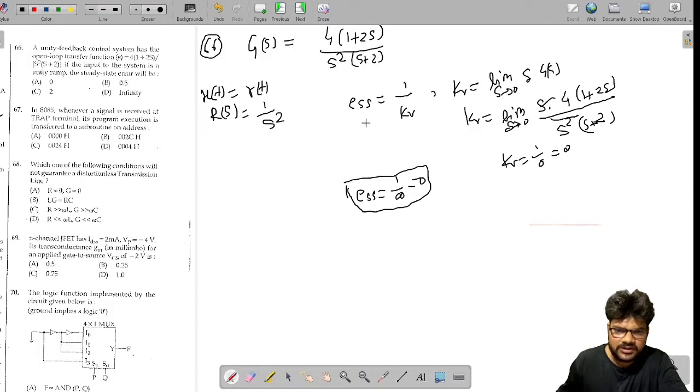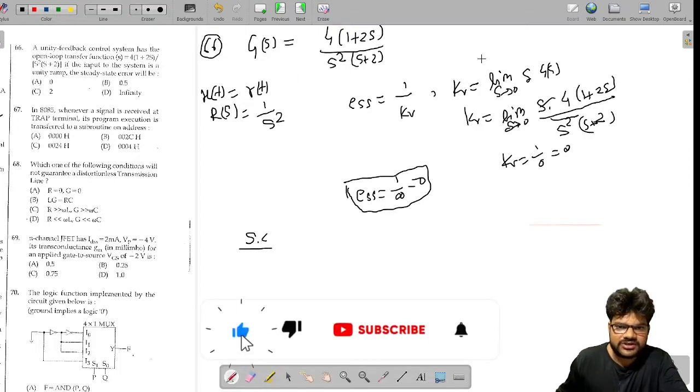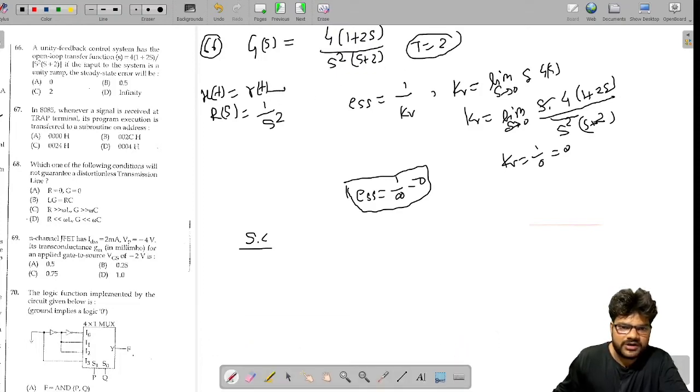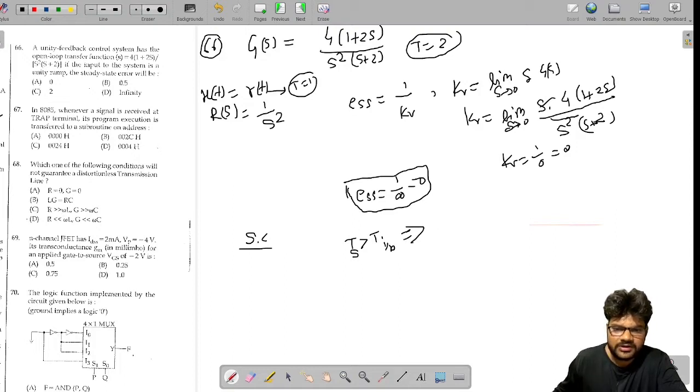So this is the method you can find ESS, but the shortcut is to look at the type of the system. There are 2 poles at the origin, so the type of the system is 2, and the type of the input, ramp, is 1. If the type of system is greater than the type of input, then we can directly conclude the steady state error is 0.